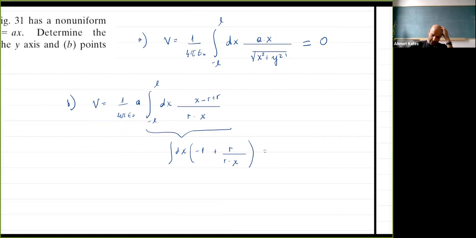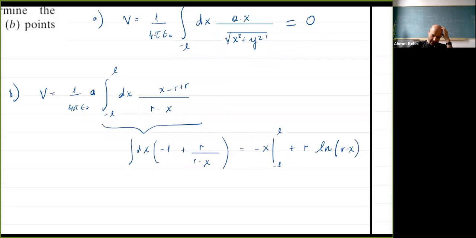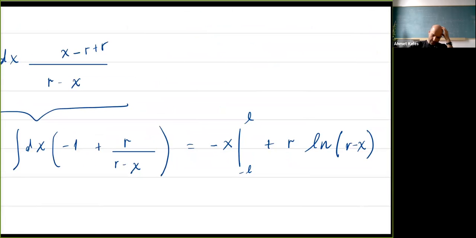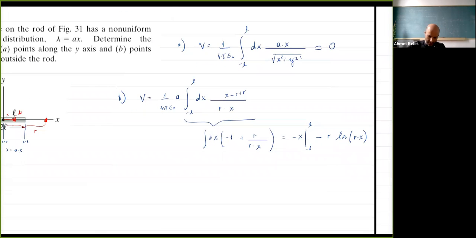The first one is going to be minus x from minus L to L. And the second one is going to be R ln of R minus x. Is there a minus? Yes, there's also a minus. That also has the same limits. Maybe I can push this a little bit.